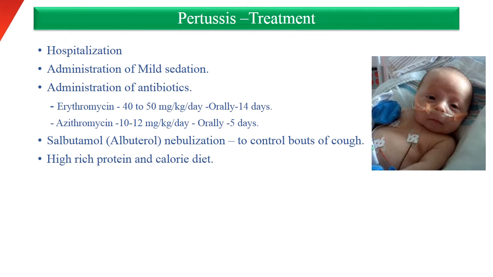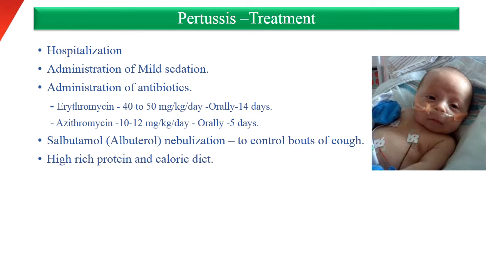Antibiotic therapy must be started at a very early stage to reduce the course of illness. So erythromycin 40 to 50 mg per kg per day orally for 14 days. Azithromycin, that is 10 to 12 mg per kg orally for 5 days, and salbutamol, that is known as albuterol, nebulization to control the bouts of cough.